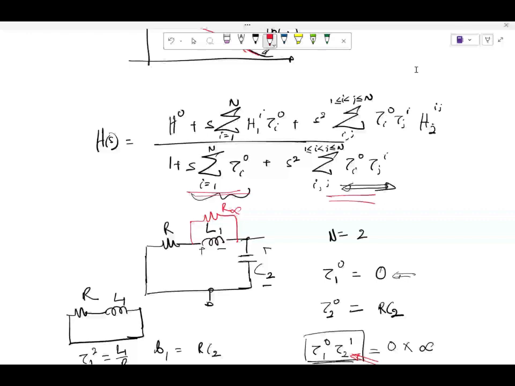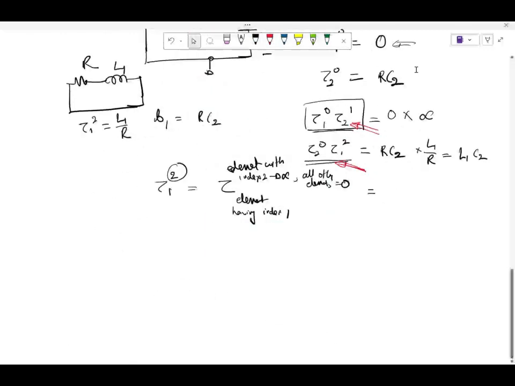H0 means you zero value all memory elements. So L1 is 0, meaning shorted. C2 is 0, meaning open. By the way, when you are doing zeros, the position of the input and the output are important.